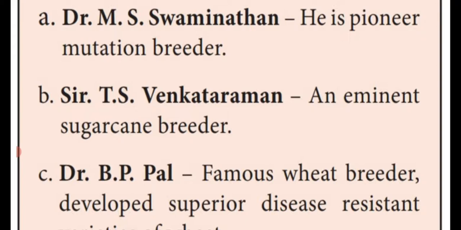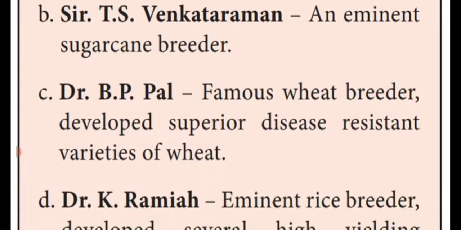Then T.S. Venkatraman, he was an eminent sugarcane breeder. That means new varieties of sugarcane were produced by T.S. Venkatraman. Then B.P. Paul is a famous wheat breeder. That means a new variety of wheat, that is Godhuma, developed with a superior quality.